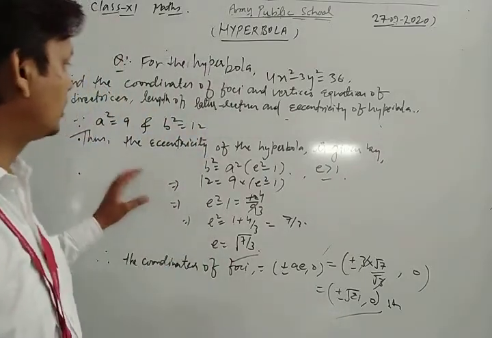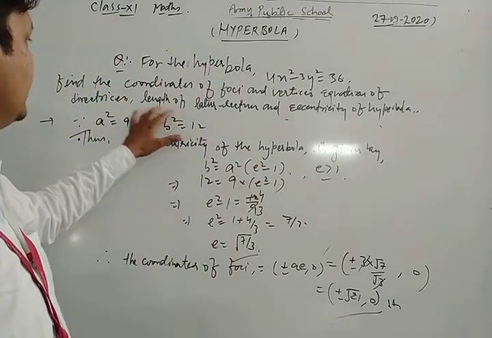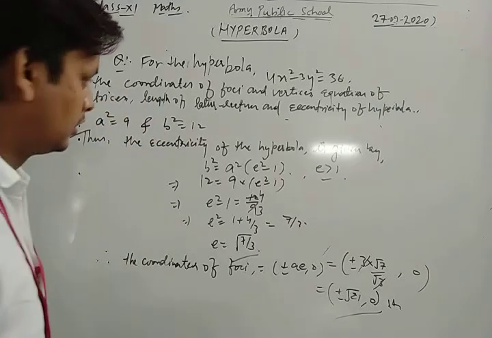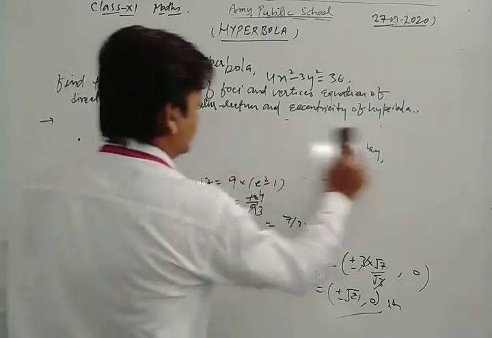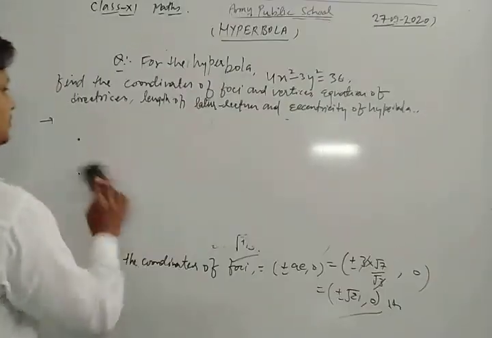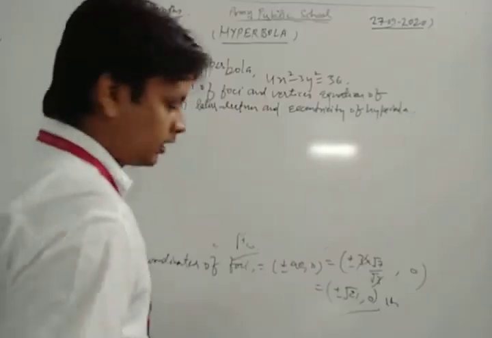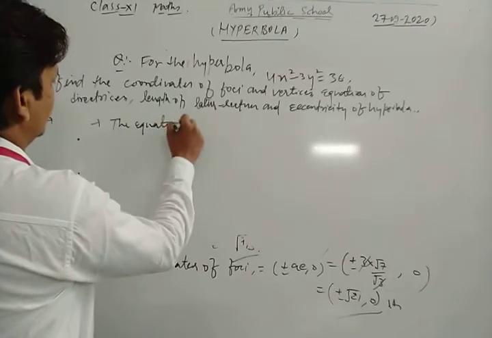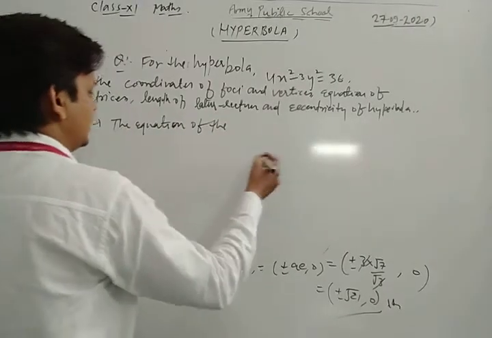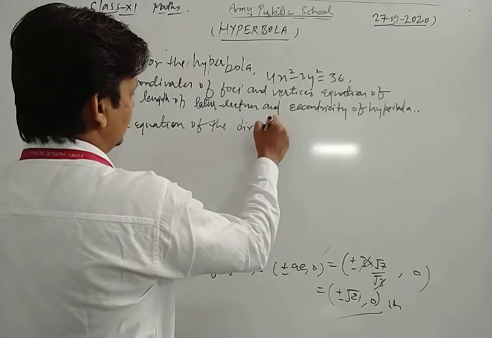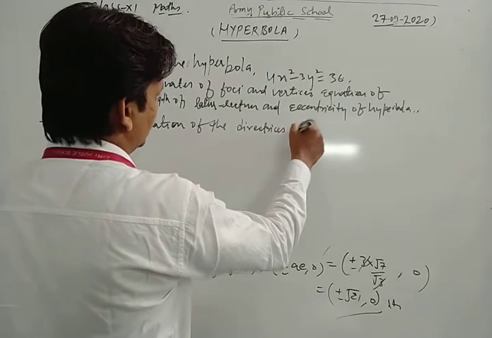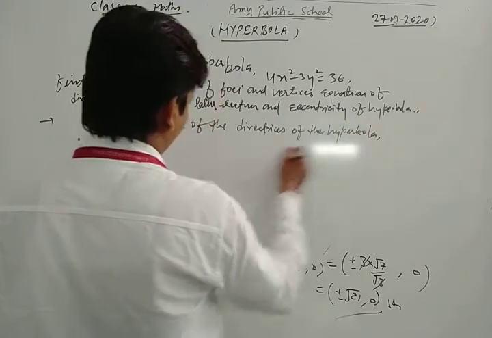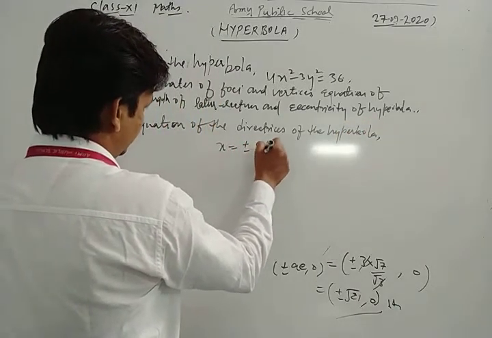Now we find the equation of directrices. Now look, the equation of the directrices of the hyperbola is x equal to plus minus a upon e.